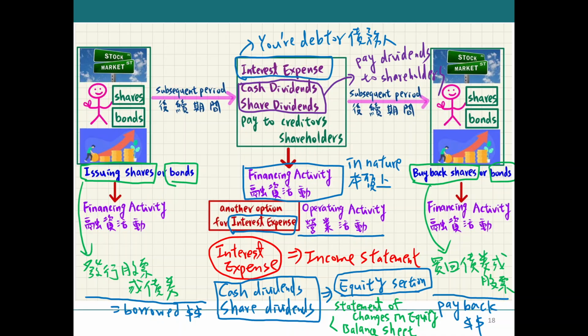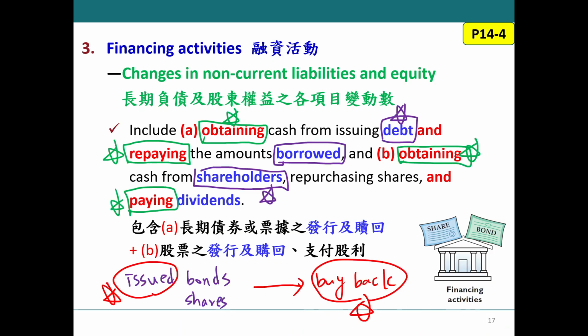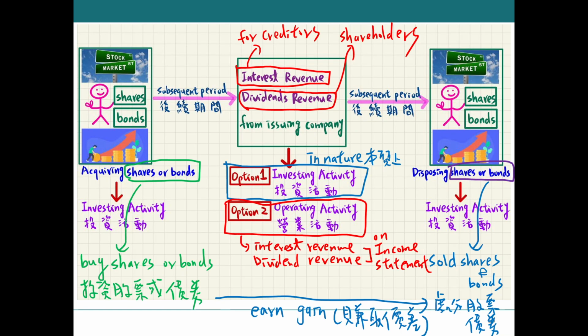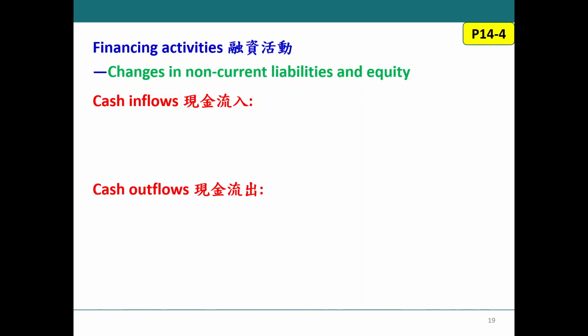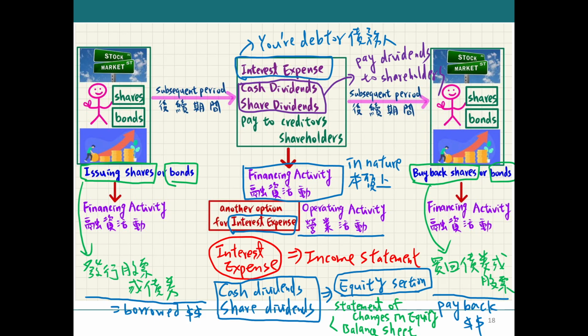So to summarize it, which items have another option? Interest revenues, dividends revenues, and interest expense. On your slide, page 15: interest revenues, dividends revenues, and interest expense.